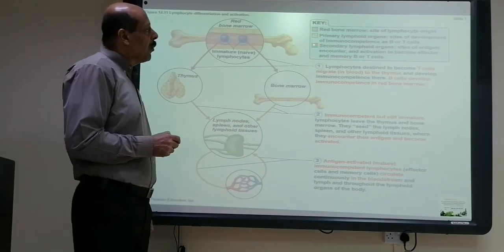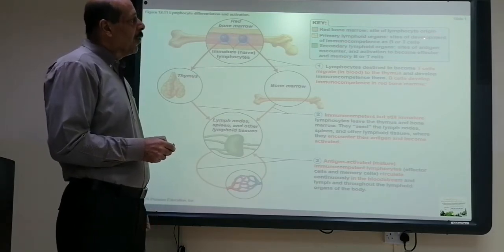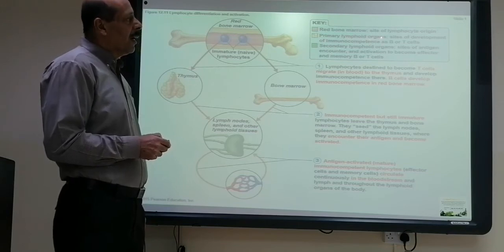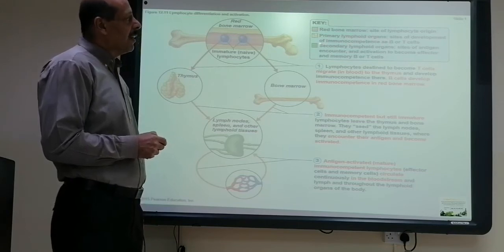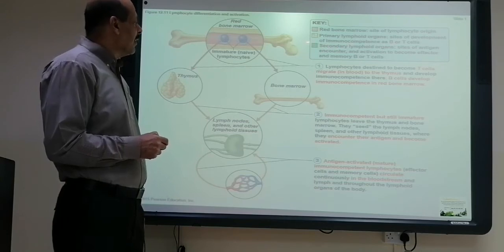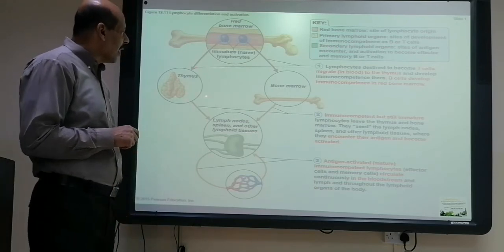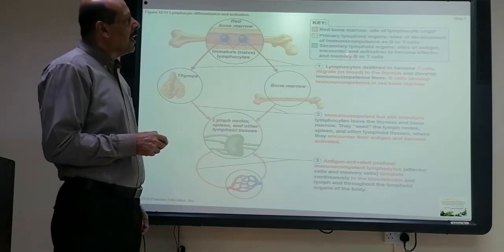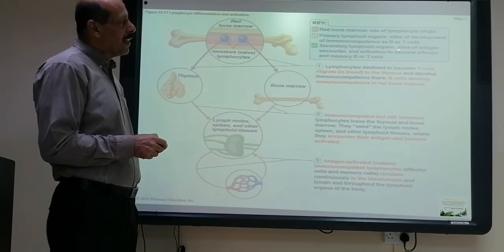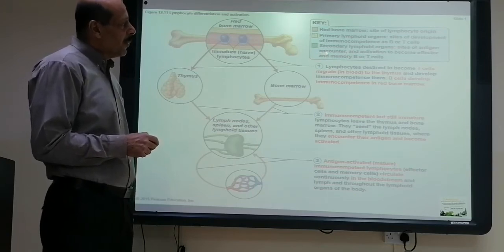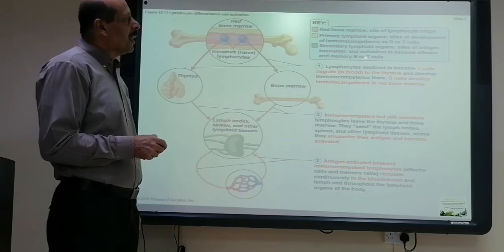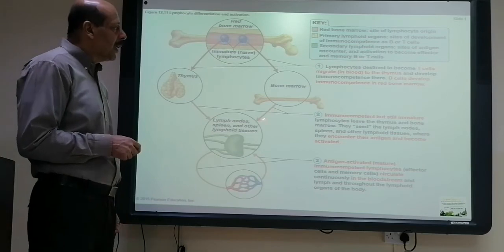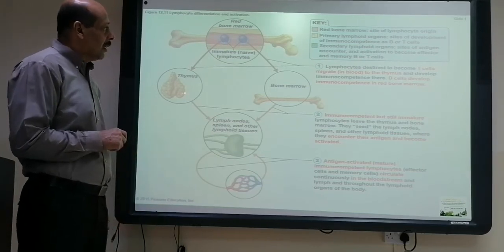The red bone marrow is the site of lymphocyte origin. The primary lymphoid organs, where B and T lymphocytes develop, are the bone marrow and the thymus gland. The secondary lymphoid organs, such as the lymph nodes, are the site of antigen encounter, where lymphocytes are activated to become effector and memory B or T cells.